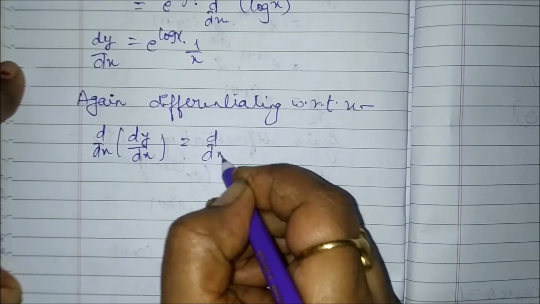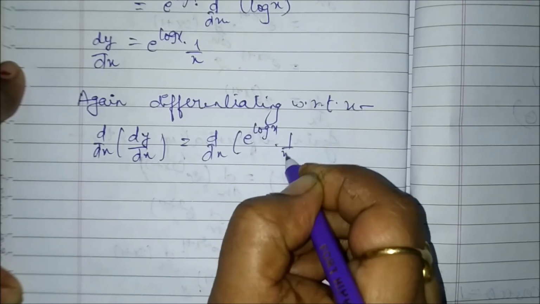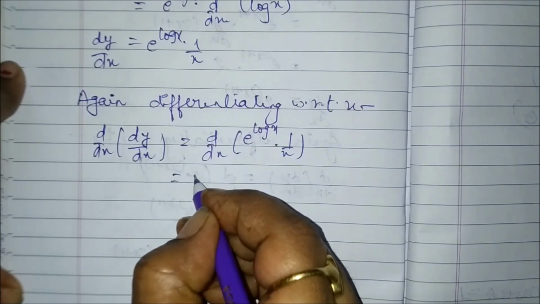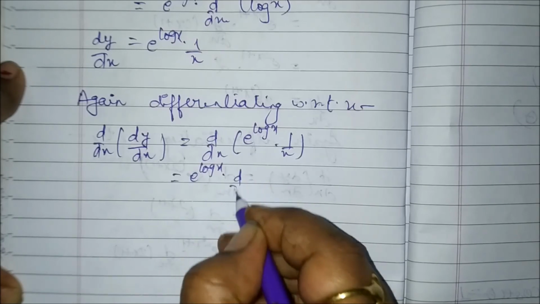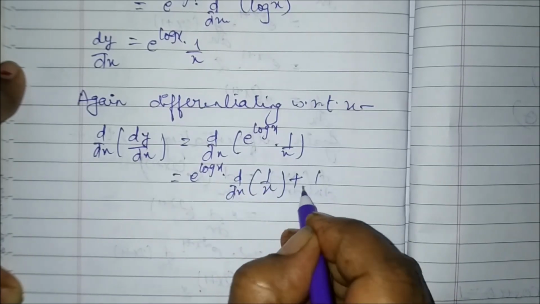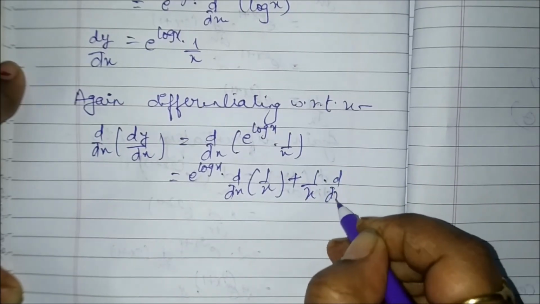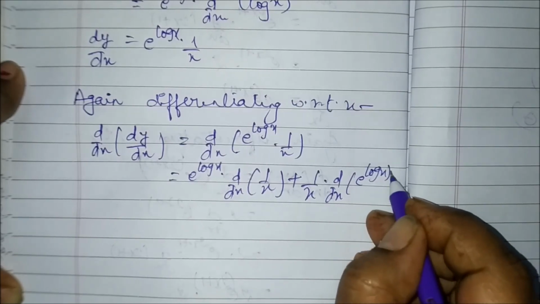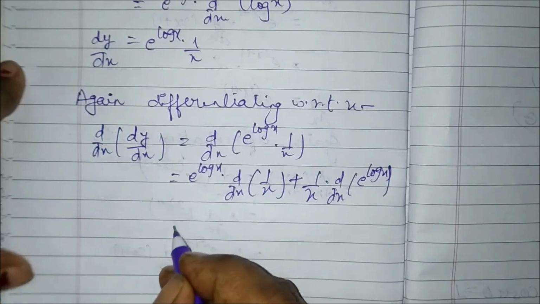Here it is product of two functions, that is u into v. So we have to apply u into v formula. See, e raised to log x into d by dx of 1 by x plus 1 by x into d by dx of e raised to log x. In this way you have to differentiate this.